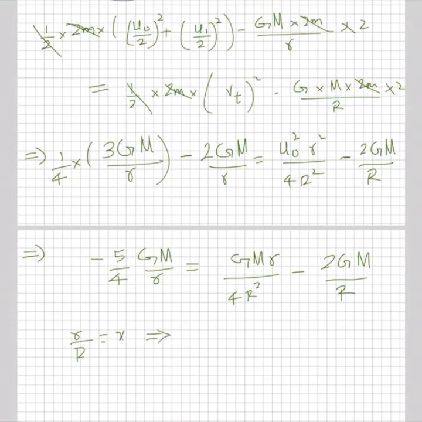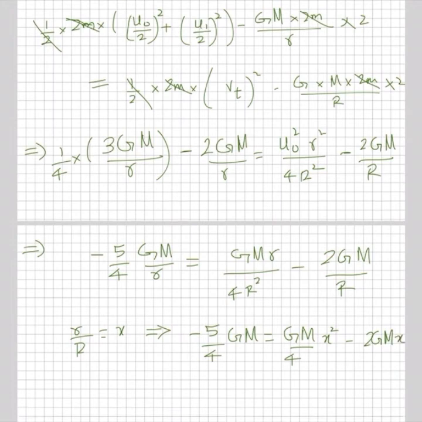So we get minus 5 by 4 GM equals GM by 4 times x squared minus 2 GMx.